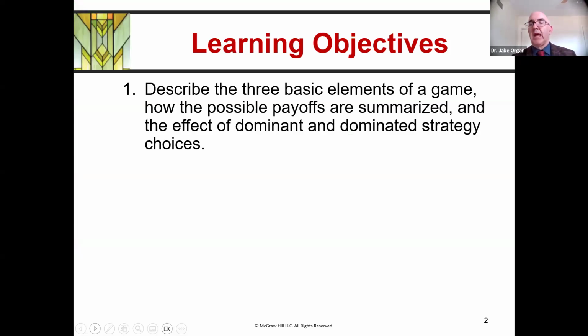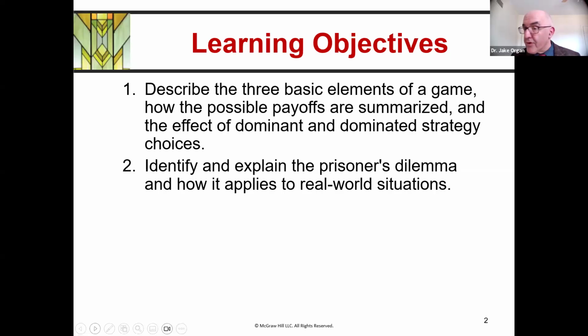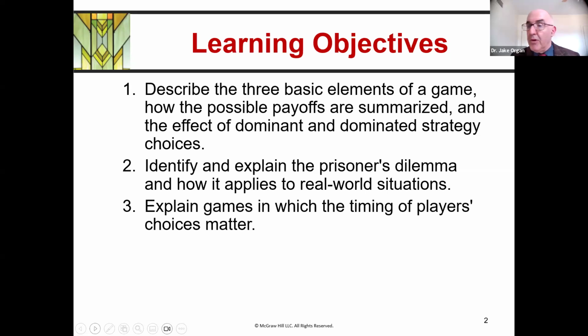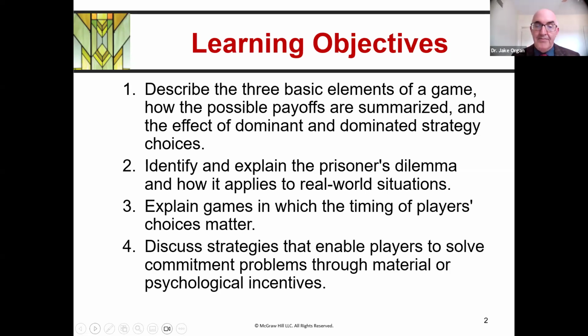So to model this oligopoly, we'll be looking at the basic elements of a game, payoffs, and dominant and dominated strategy choices. Then we'll look at the prisoner's dilemma. Then we'll look at games of timing and how players' choices matter.